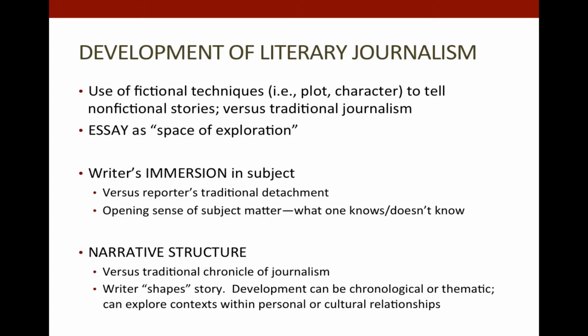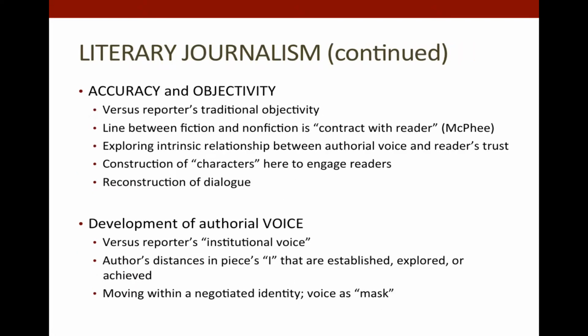The literary journalist is free to tell the story chronologically, that is, in the order that it happened, or can explore thematic parts of the story where the writer moves in and out of flashback or goes back and tells parts of the history that set context or leaves out parts of the history that may or may not set context. So the question of context becomes very important for the literary journalist as he or she explores the personal and cultural relationships that we have with stories being told.